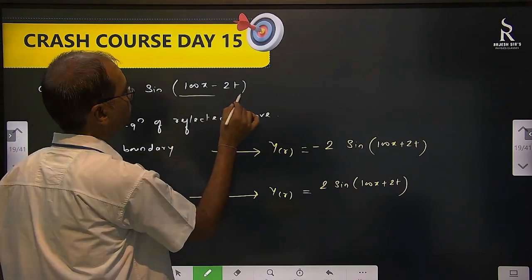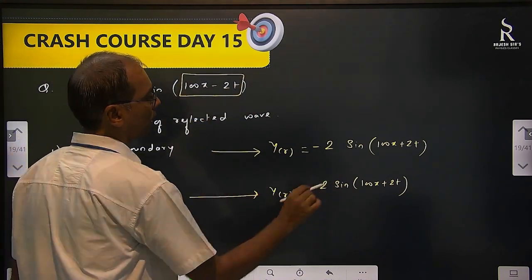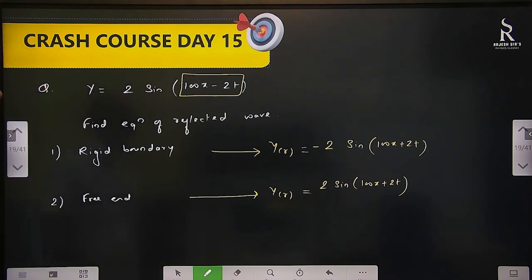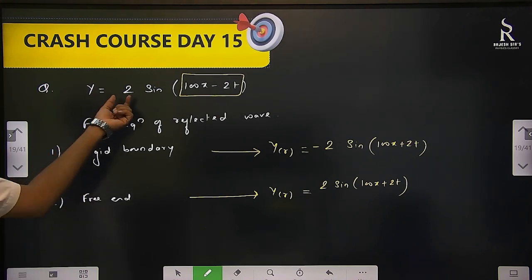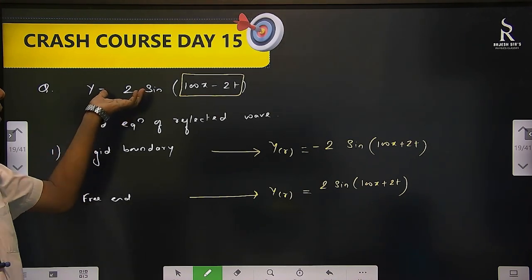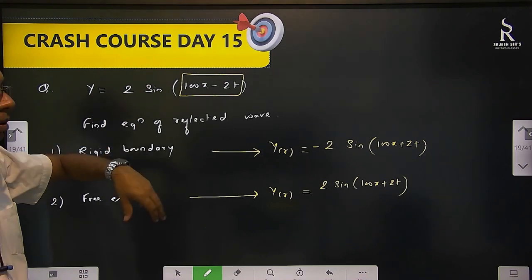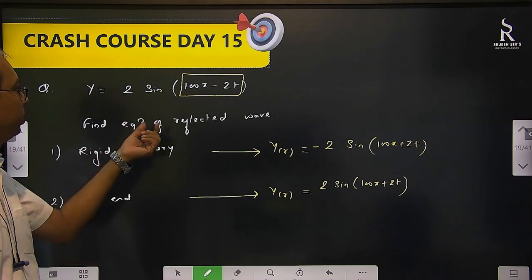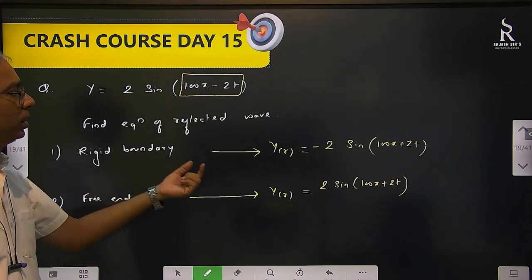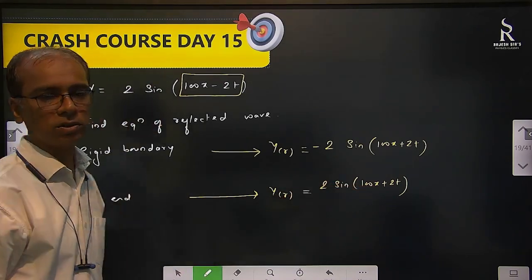This is along the positive x-axis. This is along the negative x-axis. Alright? Clear? Okay, so here phase changes by 180, so it's upside down. It is at the moment up, so it will be down. Here for the free end it remains up. Only the direction has changed.